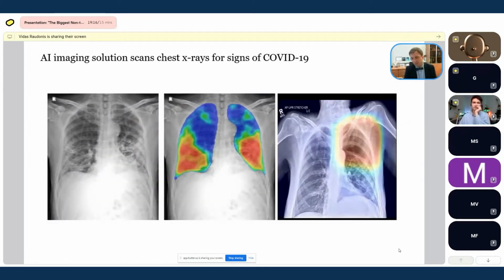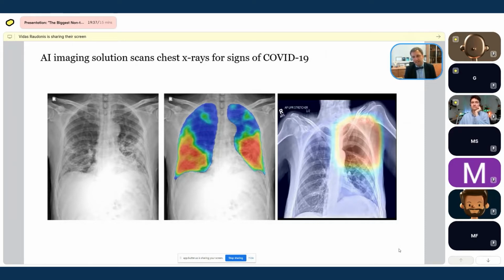We have coronavirus, and a lot of people are sick with that virus, and we don't have so many medical staff who are able to diagnose the images from X-rays.